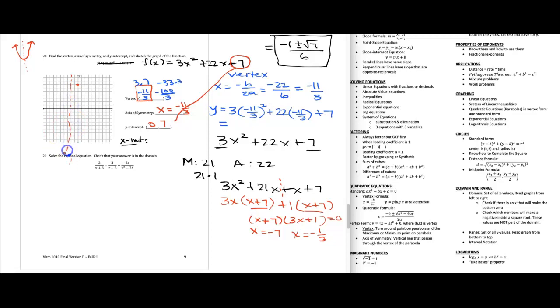I'm sorry, this graph isn't very good, but like I said, numbers are going to come out so much nicer on the exam. And then I can see, okay, I've got -7, 2, 3, 4, 5, 6, 7, and then -1/3 is about here. Oh man, I have that in the wrong place, so it looks really funny.